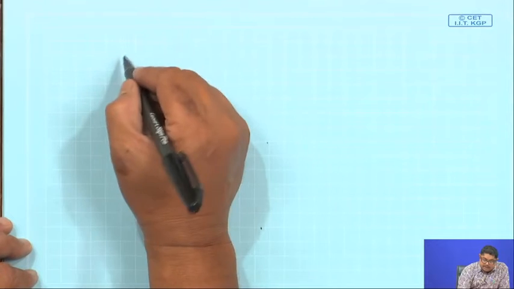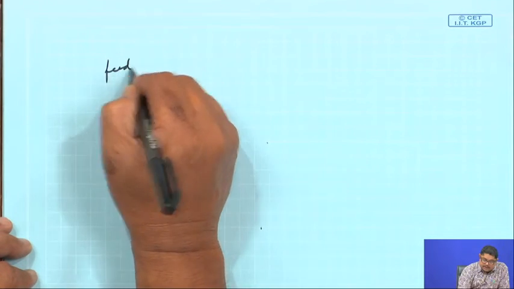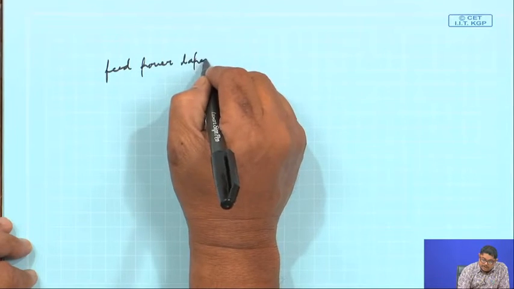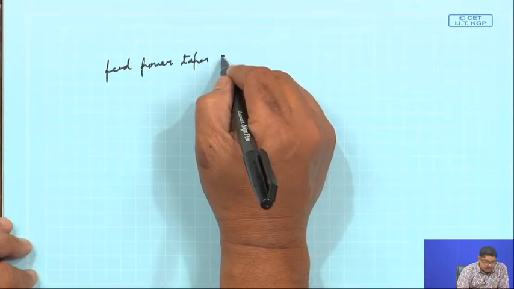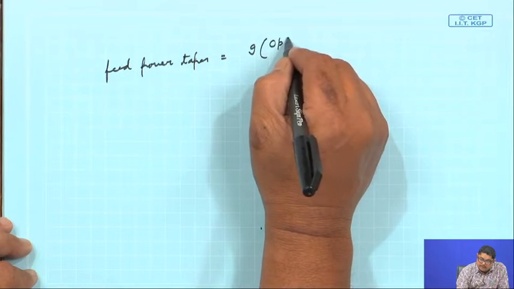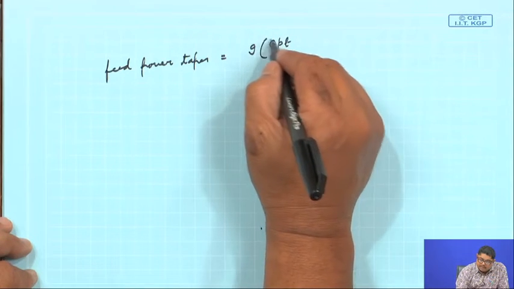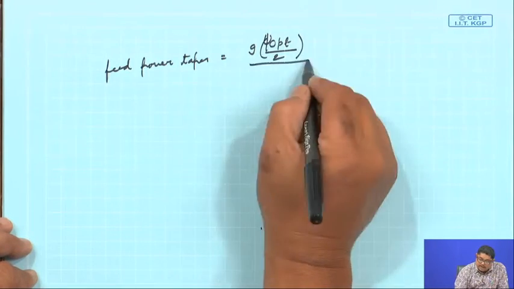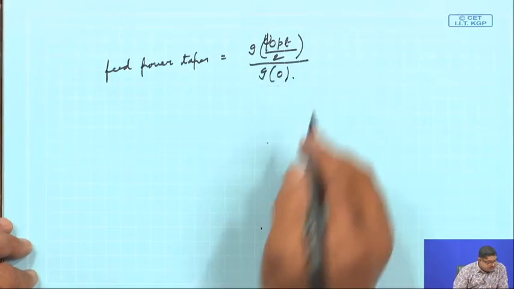Also, you can find the corresponding taper at the feed radiation pattern. So, the feed power taper, because the designer of the feed needs this value, will be given by G of psi by 2 by G0.